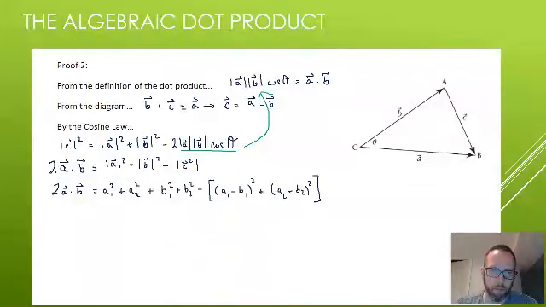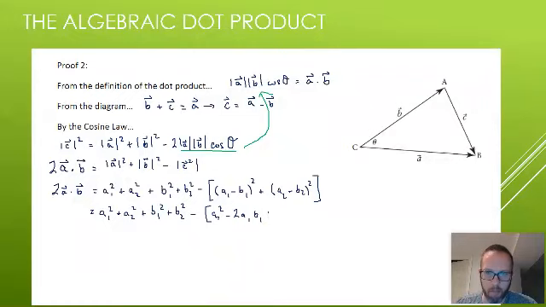So let's do some expanding here and see what falls out. We have all this stuff, A1 squared plus A2 squared plus B1 squared plus B2 squared, minus C1 squared plus C2 squared. That's minus A1 squared minus 2A1B1 plus B1 squared, plus A2 squared minus 2A2B2 plus B2 squared.